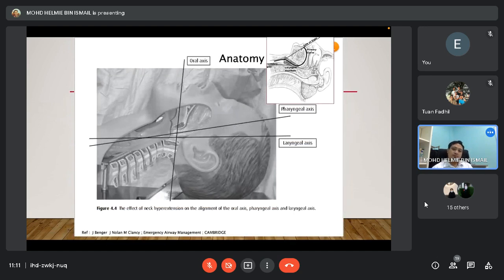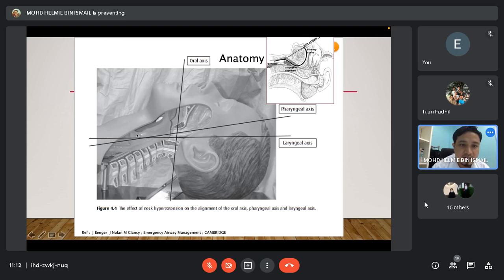Okay, what happens if you hyper extend the head? Instead of straightening the secondary curve, kalau you hyper extend, you akan cover the larynx, the vocal cord.